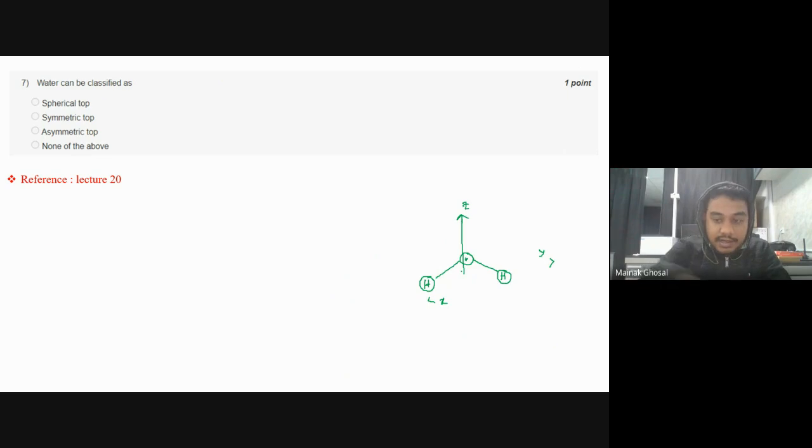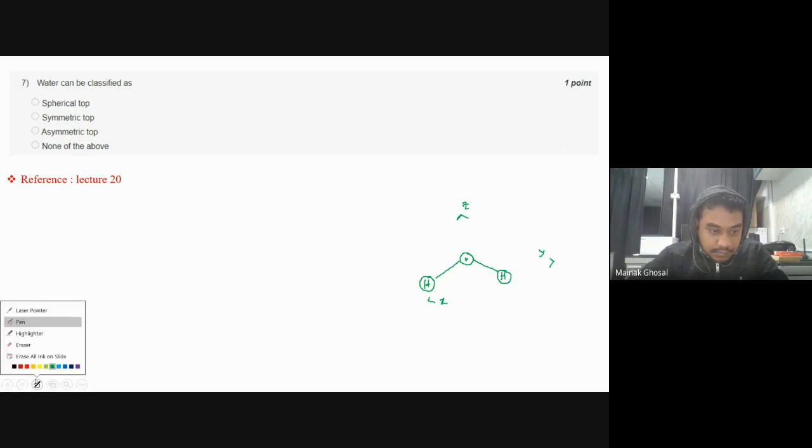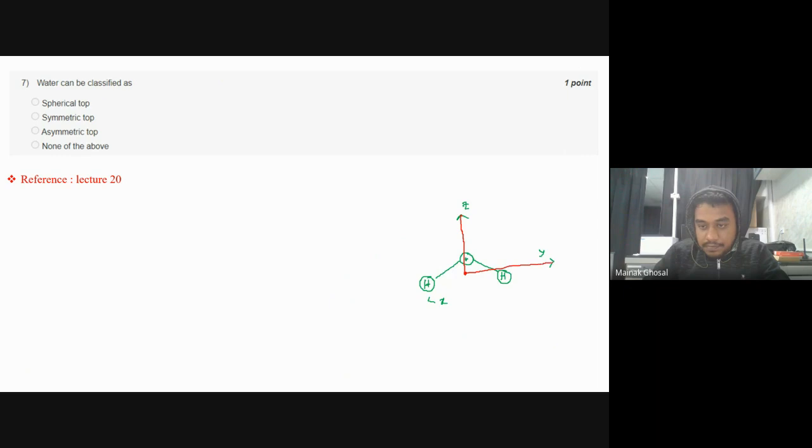Let me use another color, so it will be very beneficial for you. Suppose my center of mass is here. So this is my x, this is my y, and this is my z. If you are going to calculate your moment of inertia along different axes, you can see in the case of the water molecule.